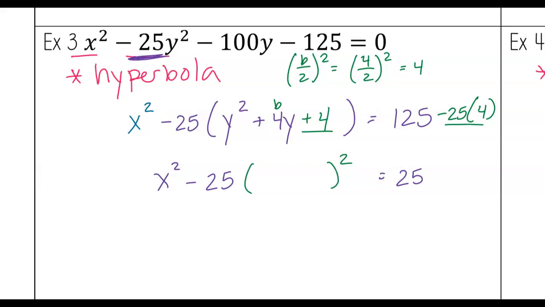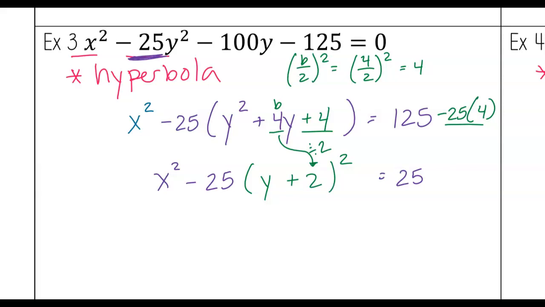What does my completed square for the y's become? Right, exactly. You write down your variable and you take your b and you divide it by 2. And you get plus 2.